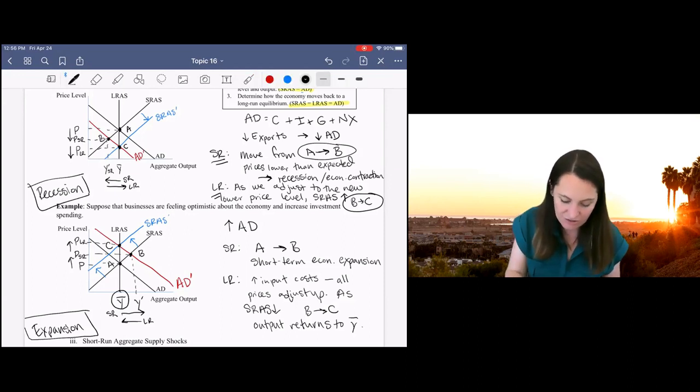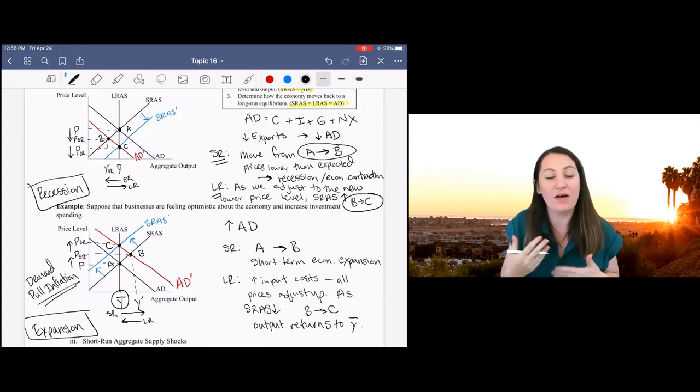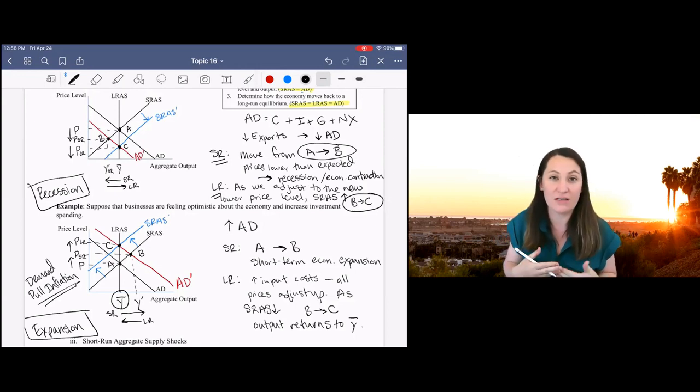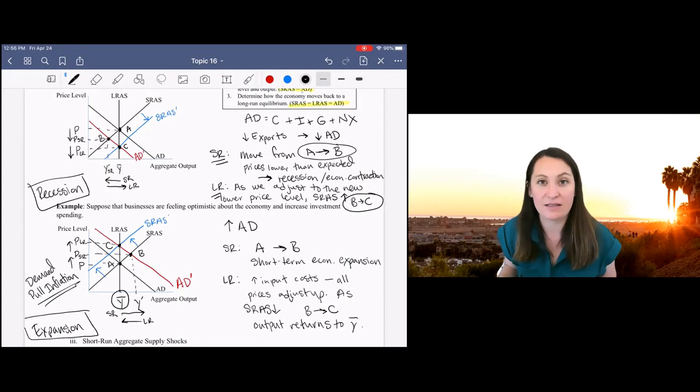This is called demand pull inflation. All right, but we do have a different type of inflation that can occur in times of recession, and we'll see that in the next example, okay, when we talk about shocks to short-run aggregate supply.